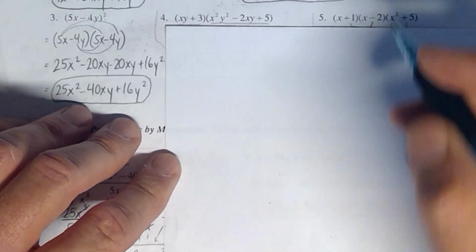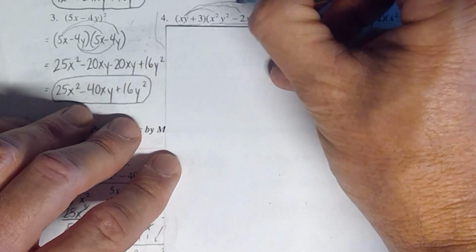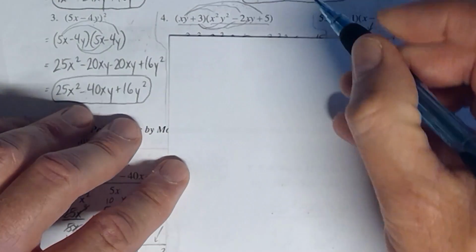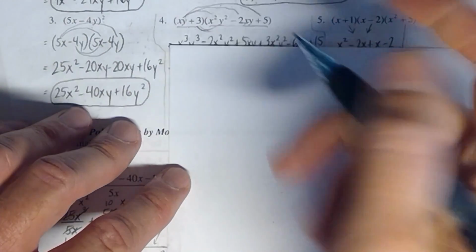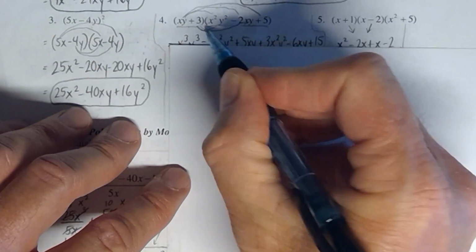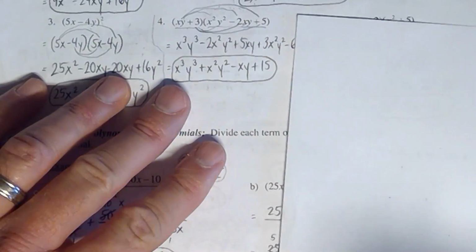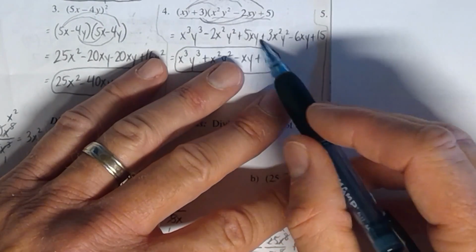In number 4, we have to multiply xy by each of these terms here. We have to do the same thing with plus 3. Sorry about that, hold on. We have to multiply by those 3 terms right there. And that leads to these 6 terms right here.